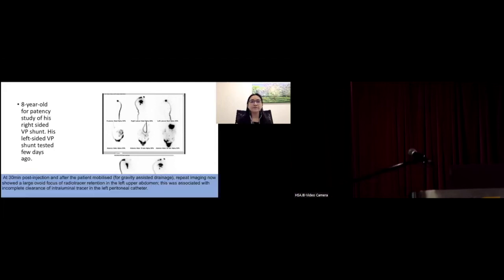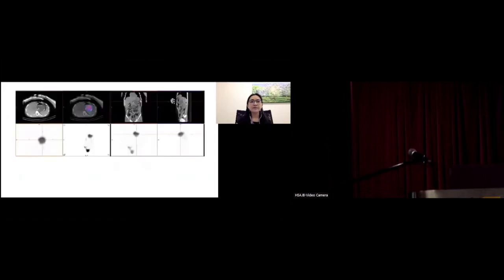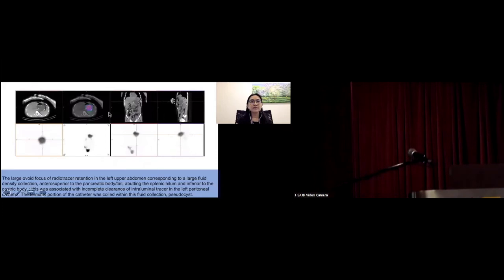And from here, there's a large focus of uptake seen in the left upper abdomen, and SPECT-CT shows that this is a large fluid density collection anterior and superior to the pancreatic body and tail, abutting the splenic hilum and inferior to the gastric body. And this is a pseudocyst.